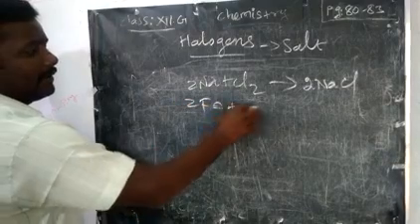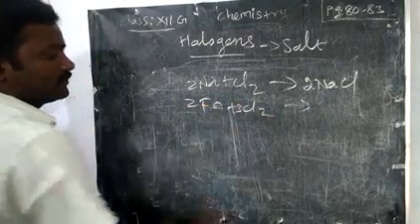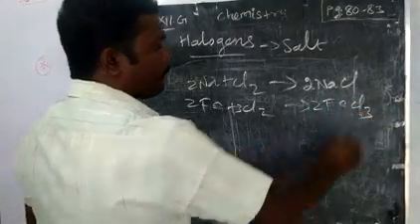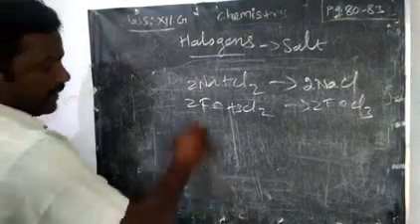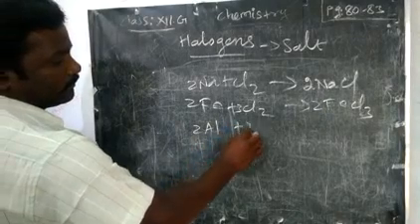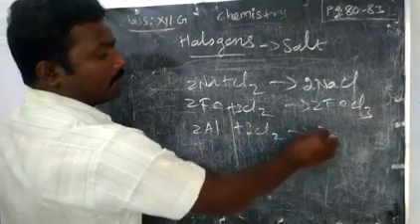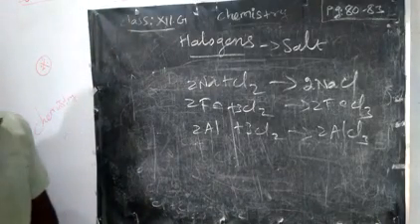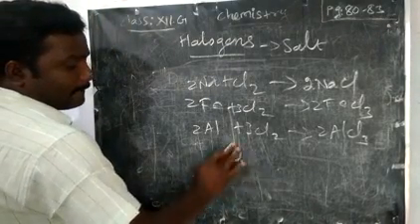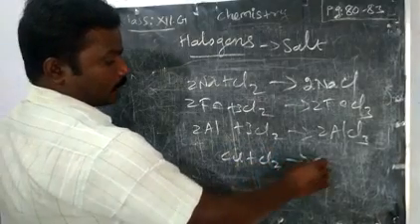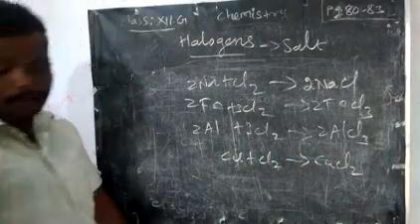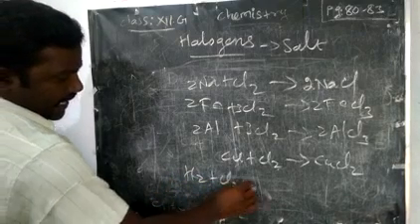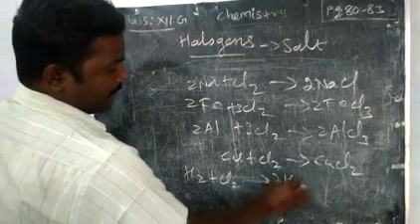With iron, ferric chloride, and then with aluminium, what will happen? Aluminium chloride. With copper, cupric chloride.